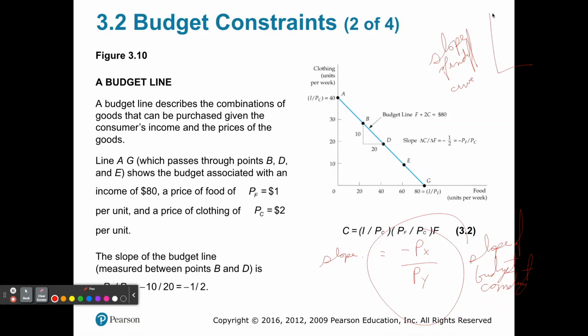Remember, it reflected how much satisfaction I got from each product. So in this case, it's going to be the marginal utility of the good on the x-axis over the marginal utility of the good on the y-axis. So that's our slope for the indifference curve. That's the marginal utility, or how much additional happiness I get from consuming good X over the additional happiness I get from consuming good Y.